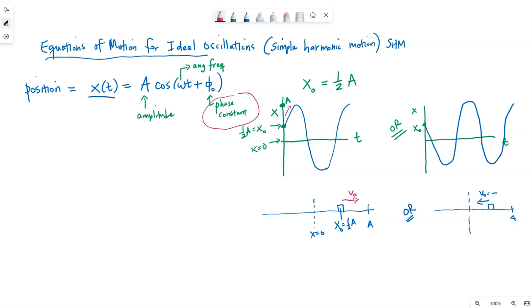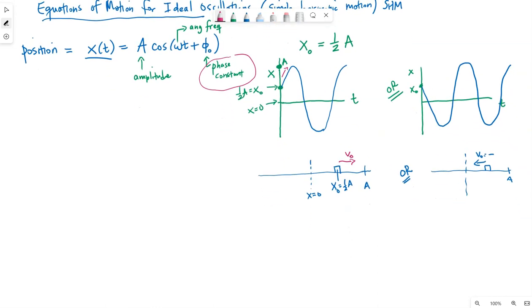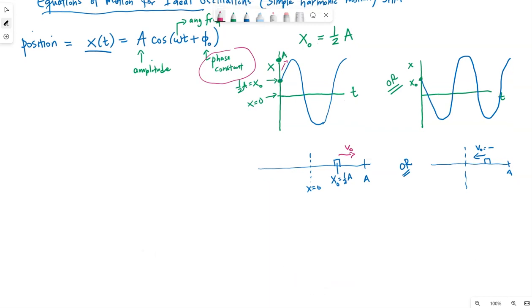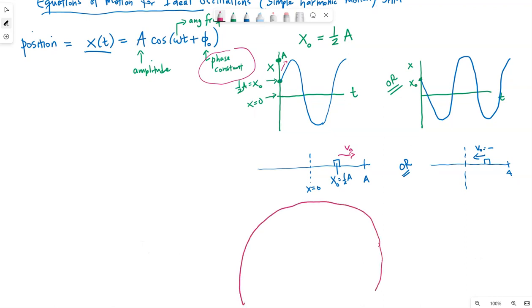So probably the easiest way to think about the phase constant, if you remember the last video, is the relationship between circular motion and oscillation. I didn't draw this big enough, sorry. Let me draw it bigger. This would have to be a really big disc for my peg, so I'll just draw a portion of the disc.